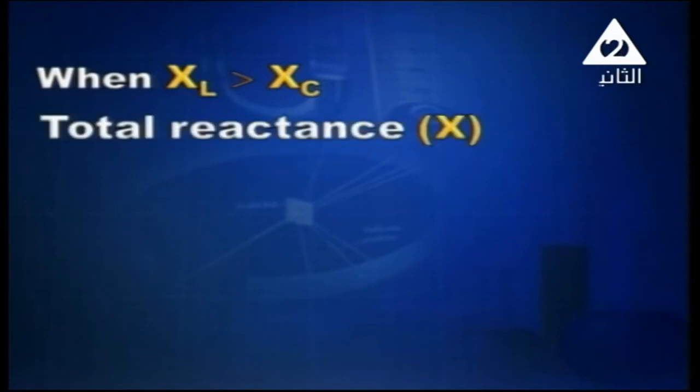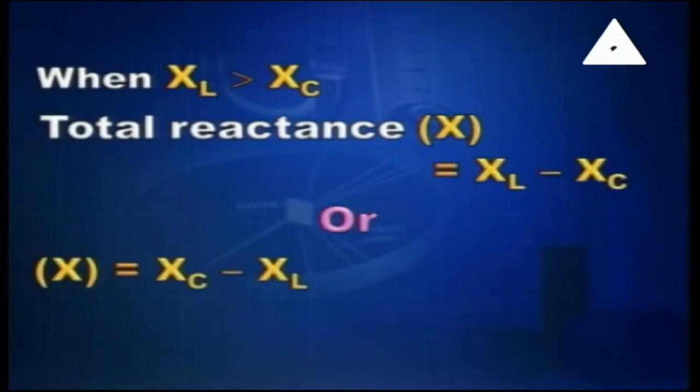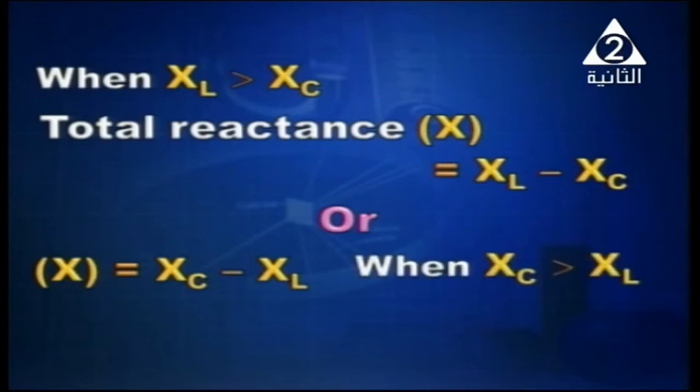Okay. And also talking about the reactances, when XL is greater than XC, the total reactance X is given by XL minus XC. Or the total reactance will be XC minus XL, and this happens when XC is greater than XL.